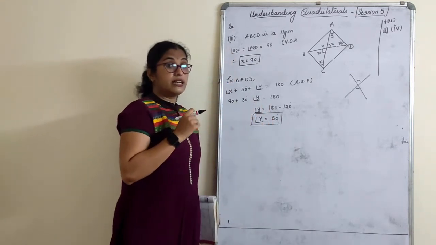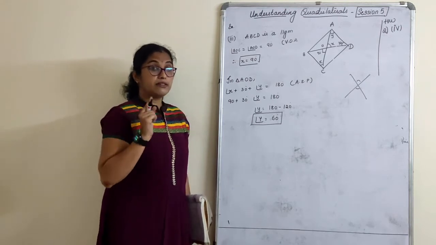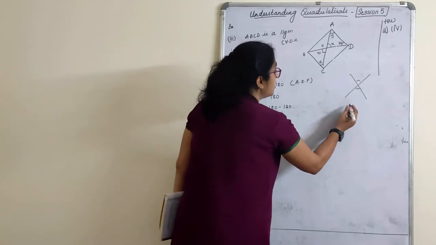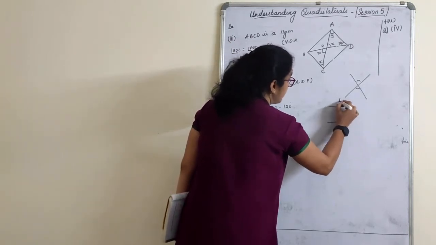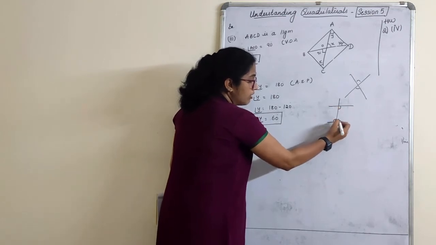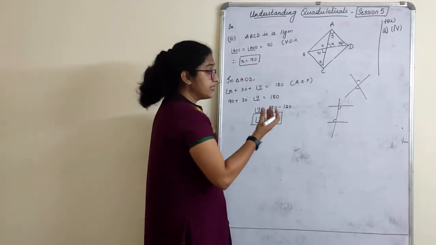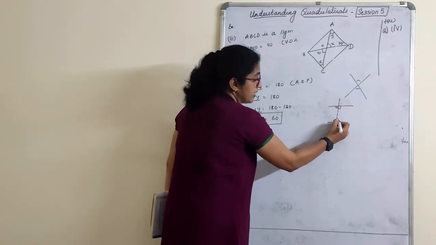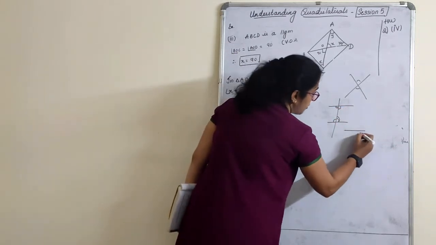As we discussed earlier, when a parallel line is cut by a transversal, pairs of corresponding angles are equal. Similarly, if I say this is a parallel line and this is a transversal, alternate interior angles, interior is inside. These are alternate angles. They are equal. So what could be the formation?